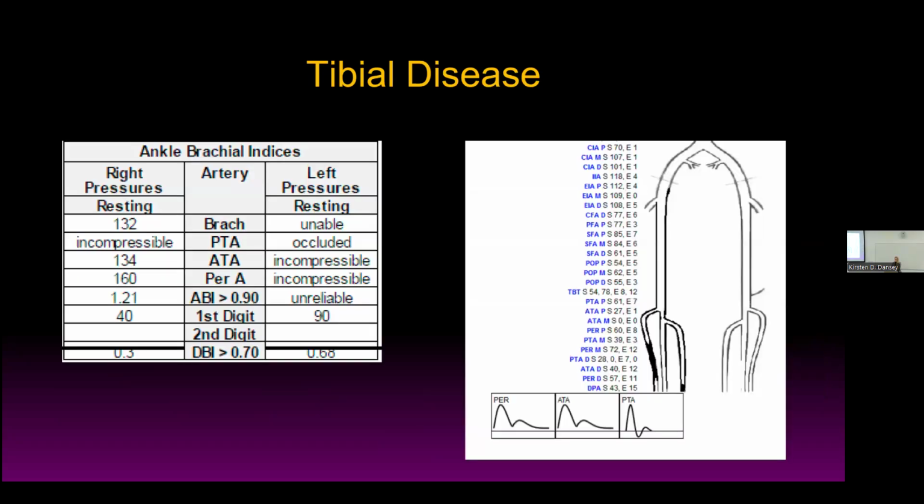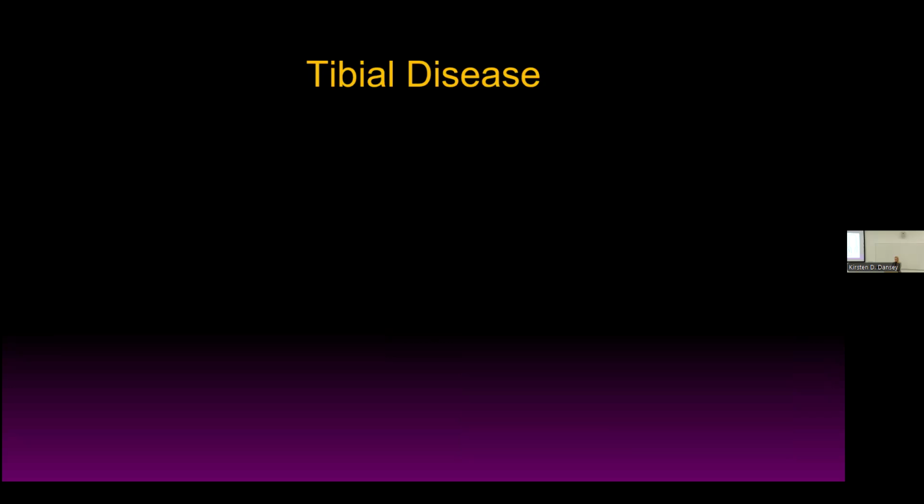This is his ultrasound, and you can see he has a first digit pressure of 40, so really marginal perfusion to the foot at best. What's interesting is that this is classic for diabetic patients: the femoral popliteal segment is completely clean. It's patent, there's no flow-limiting disease, and it's really isolated tibial disease.